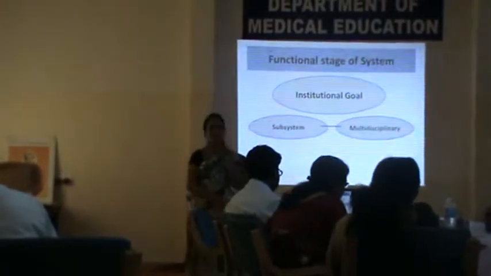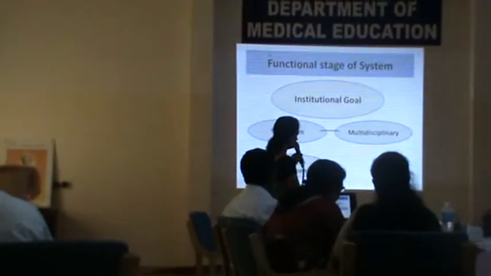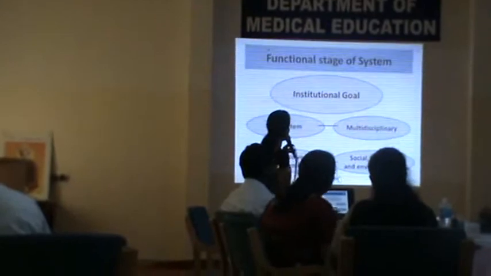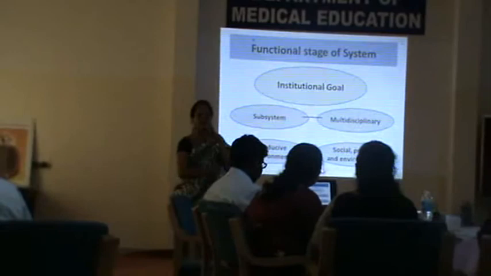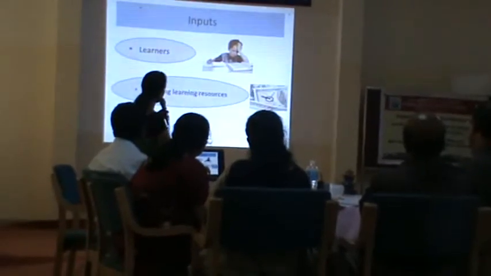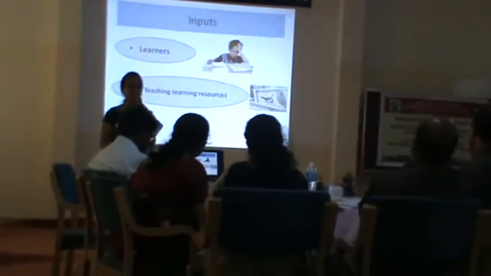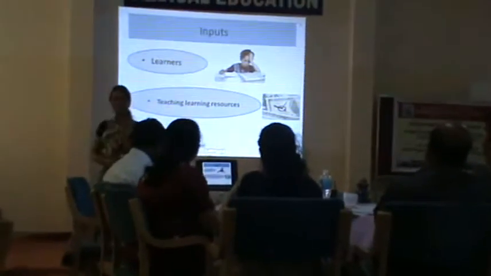We have various departments, multidisciplinary, interconnected, and a conducive atmosphere for which a lot of other interactions are there to provide this. So the input here are the learners. Only learners. So we have the teaching learning resources.